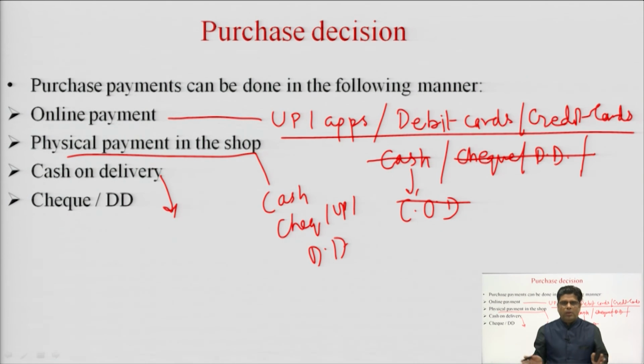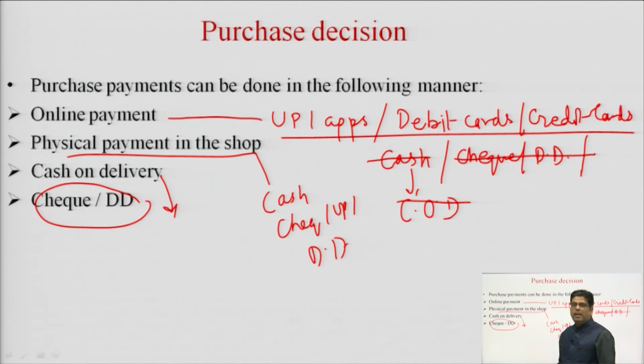After doing all the other steps, after doing all the alternatives comparison, etc., the consumer then makes the final call and orders the product, and when the product reaches the doorstep of the consumer, at that time the consumer makes a cash payment. So, that is the system of cash on delivery, and of course, check and demand draft options are also available in case of high value purchases.